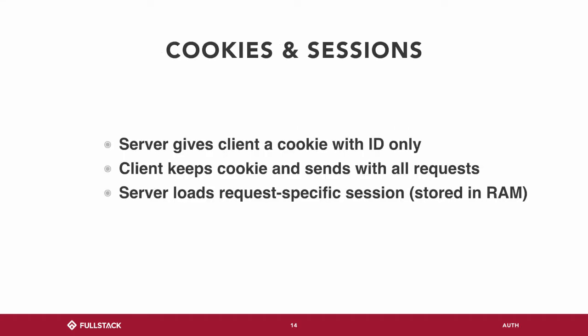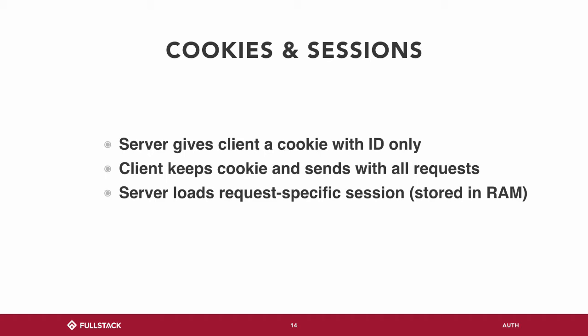So when we think about this simplistically, we've got a nice slide deck here that'll show you how this works. The server, after figuring out that the user is who they say they are, gives the client a cookie with an ID only. And the client keeps the cookie, and sends it with all the requests. So every request that gets made, the client sends the cookie.